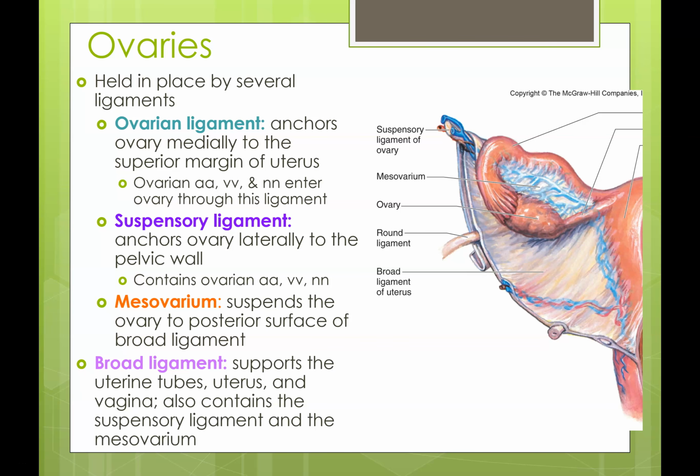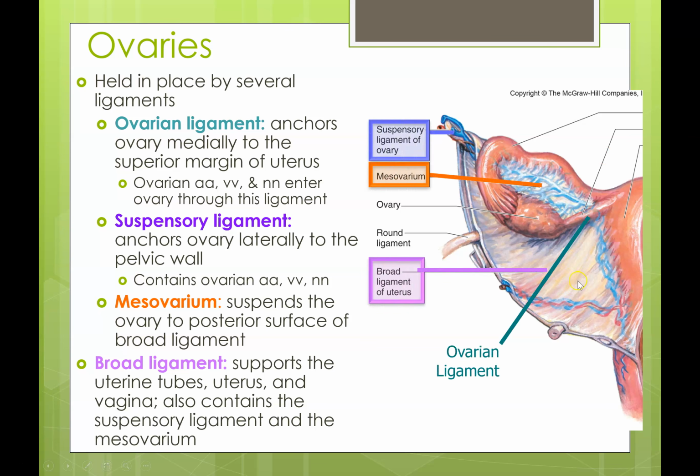Now, our next structure, the mesovarium, I'm going to put a pin in this real quick because first I want to point out to you the broad ligament. The broad ligament is going to be this large structure in here, if you can follow my arrow. It's almost like a draping of tissue over this area. So in order to break it up a little bit, we will discuss the mesovarium, mesosalpinx, and the mesometrium that gets created by this broad ligament.